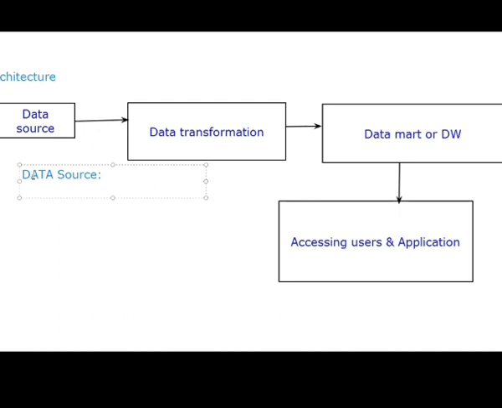Now, what are the different sources of data for construction of a data warehouse? This can be operational source or maybe external source. The operational sources are the enterprise system or ERP system or the legacy system, the point of sale, RFID, web usage, sensors, or any other source that generates the data in a particular format.